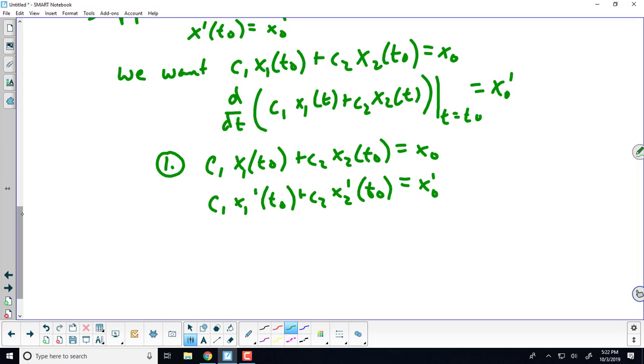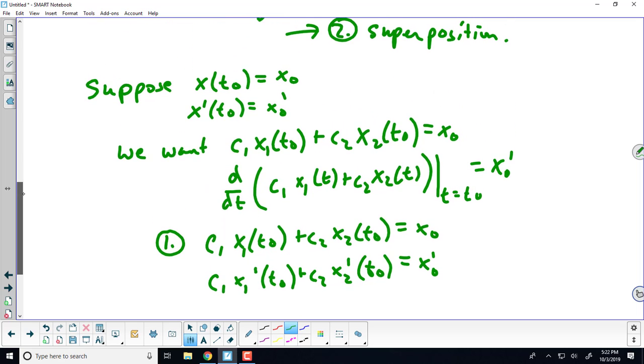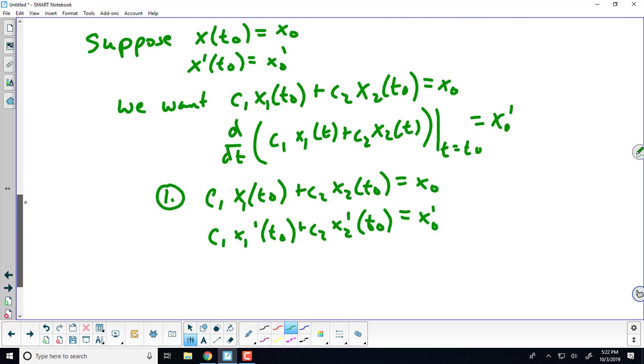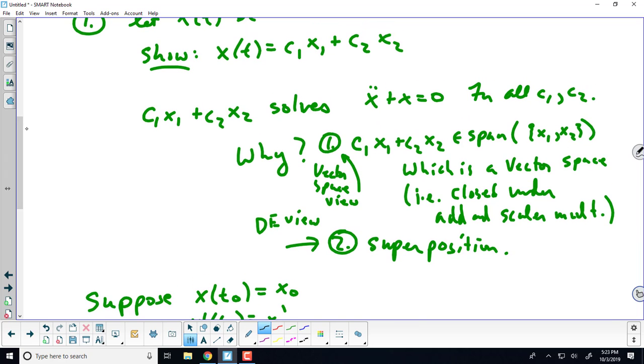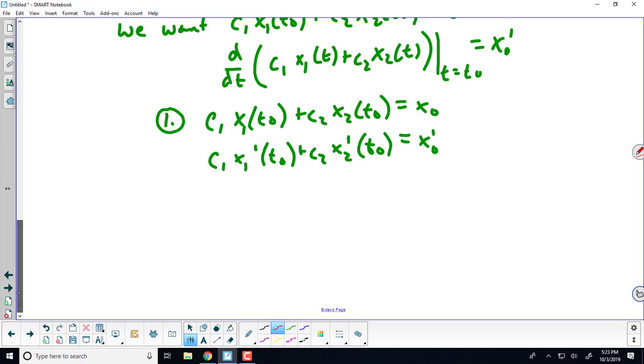So what I'm saying from a differential equation standpoint is we want to show that this linear combination here solves the exact same IVP. So what do we have to do? We've got to find constants so that it solves this IVP, and that's what I'm setting up here.